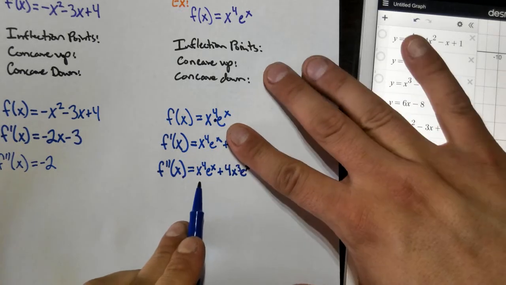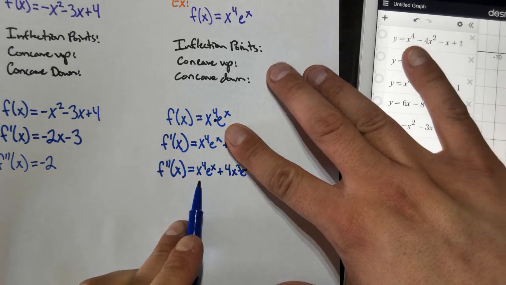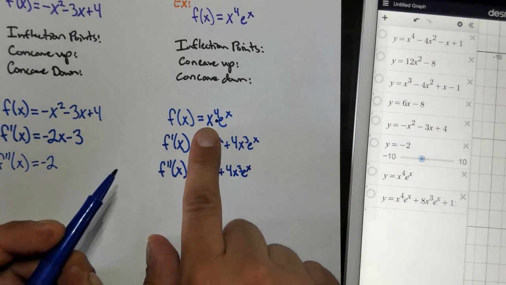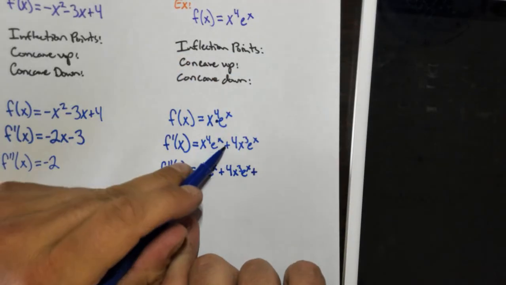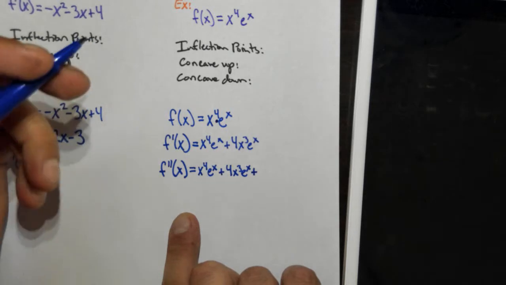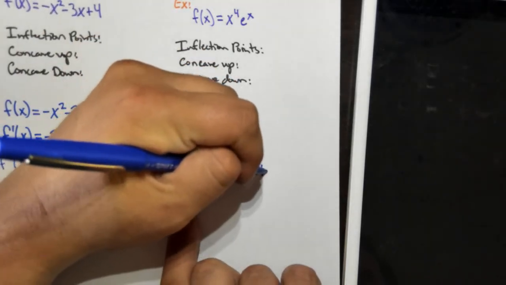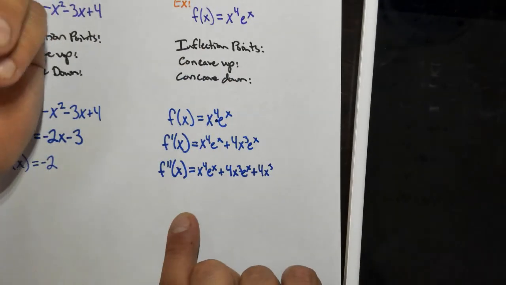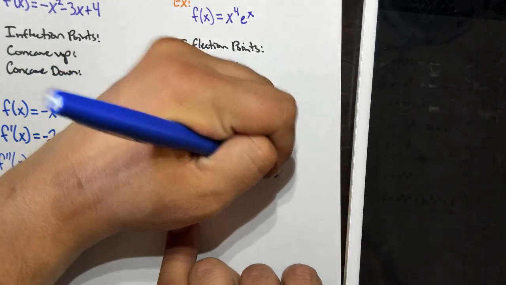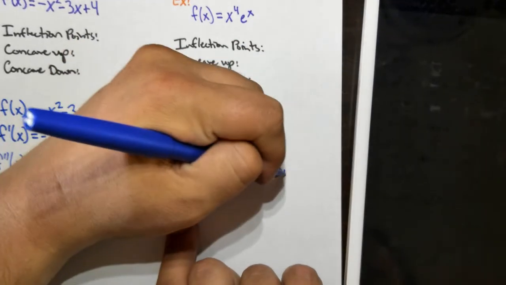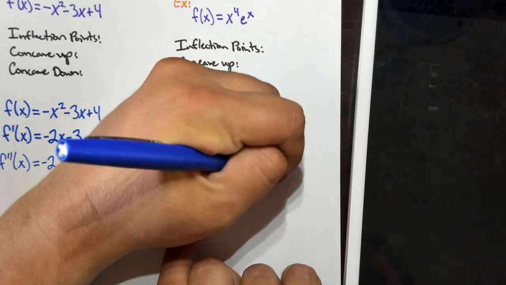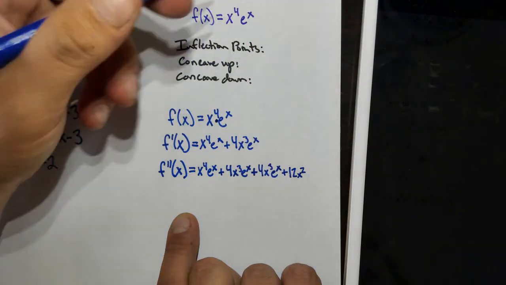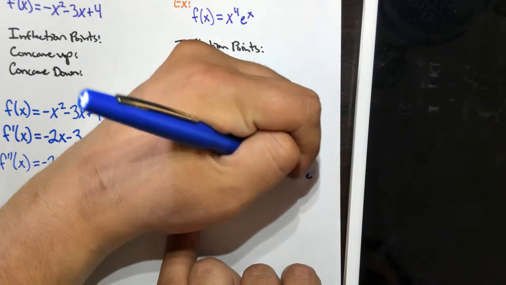So what I've done so far is just this section, right? I still need to do this section. Plus, let's see, the first one, 4x cubed times the derivative of the second one, e to the x, plus the derivative of the first one, that's going to be 12x squared, times just the second one, e to the x.